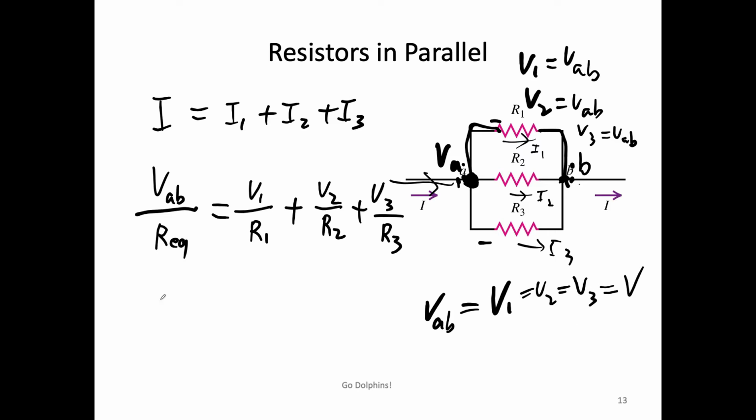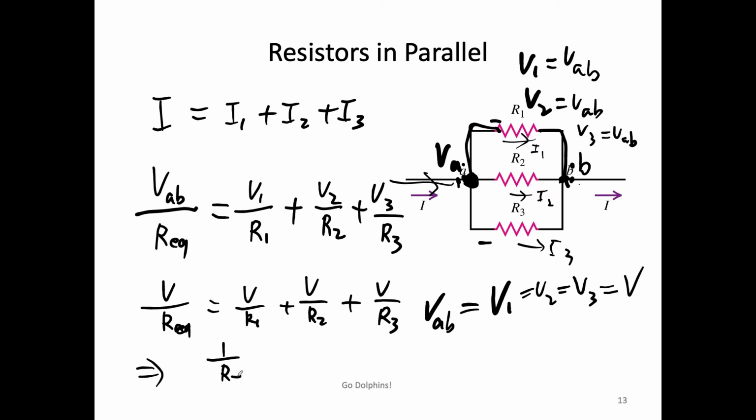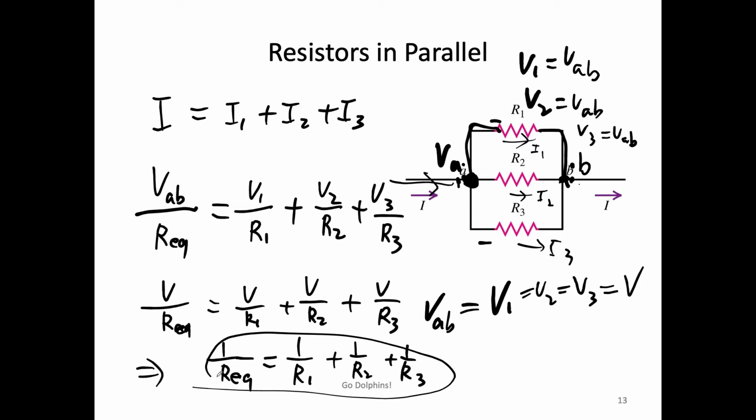They all equal V, so every term has V. We can just divide V from both sides, so we find the equation we are looking for: the equivalent resistance of resistors in parallel is given by this equation.